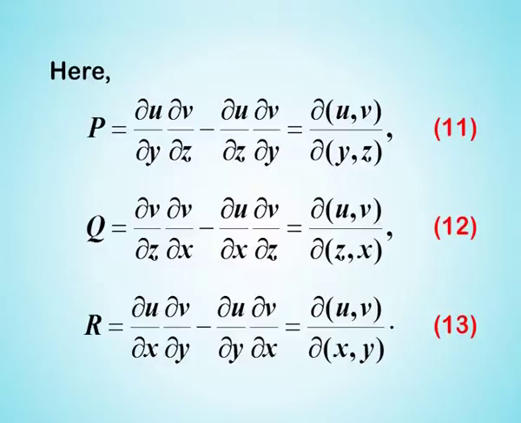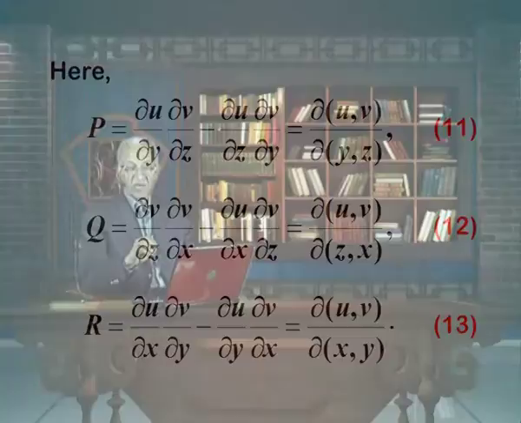This partial derivative of u, v in the numerator on the right hand side, we will read it like this: partial derivative of u and v with respect to y, z; partial derivative of u, v with respect to z, x; partial derivative of u, v with respect to x, y. If you note it very carefully, it goes in a cyclic order: yz, zx, xy. So I do not think that it will be much difficult for us to remember every time.